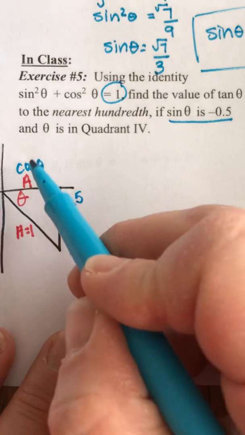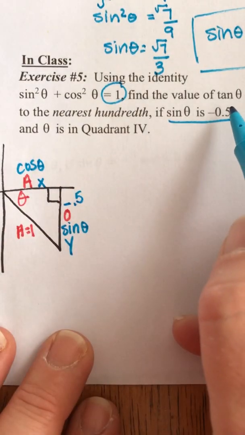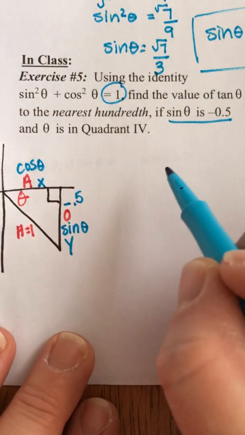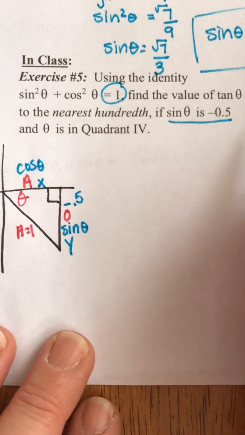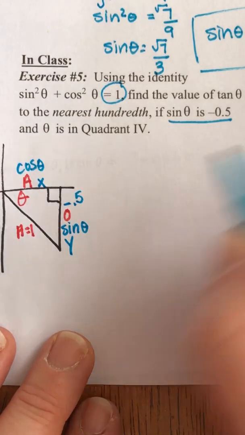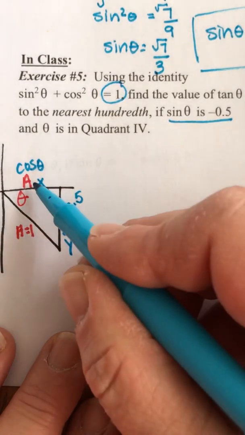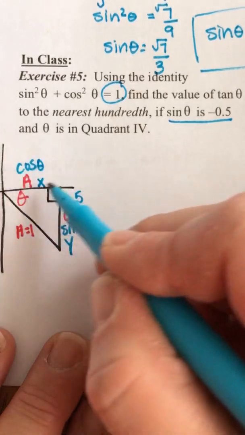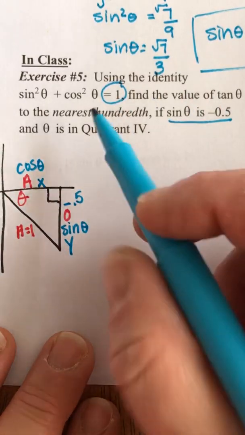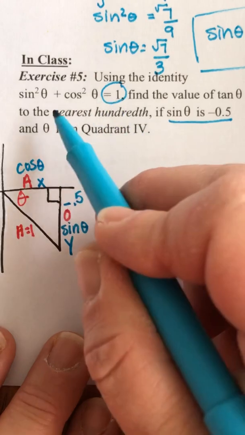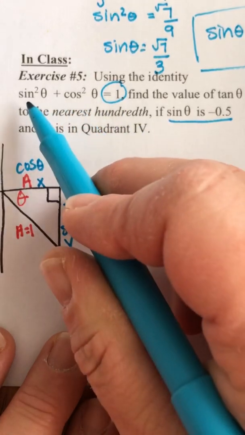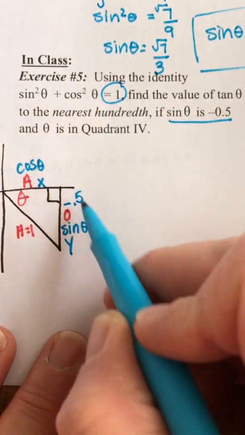All right, in order to get tangent, using SOHCAHTOA, TOA is O over A. So I'm going to need opposite over adjacent, and I don't have a value for the adjacent side. So let's go ahead and figure that out. I'm going to use their formula here to find the cosine value. Sine squared plus cosine squared equals 1.